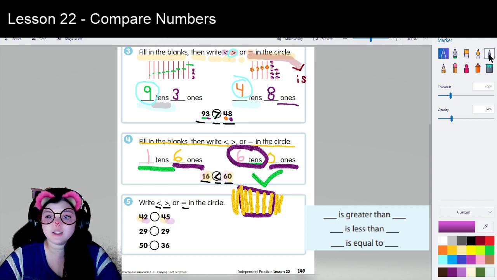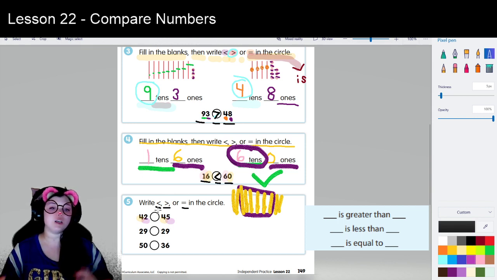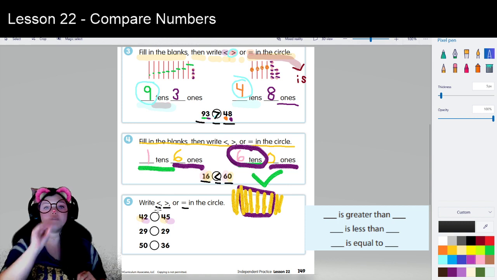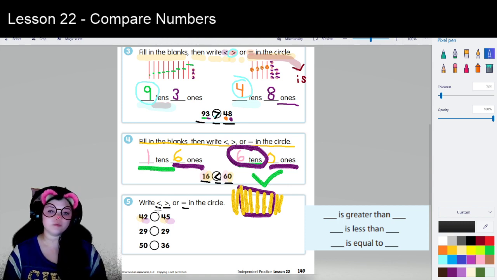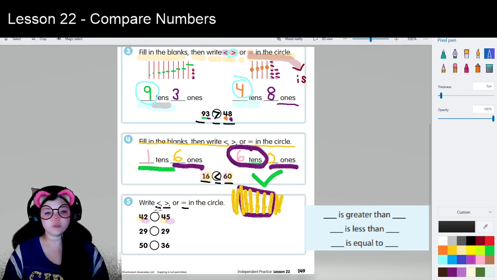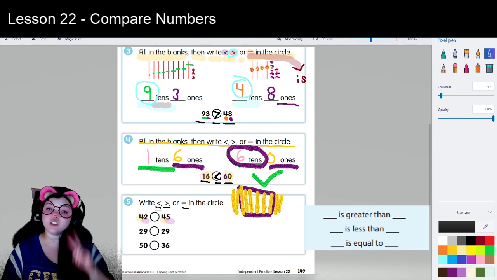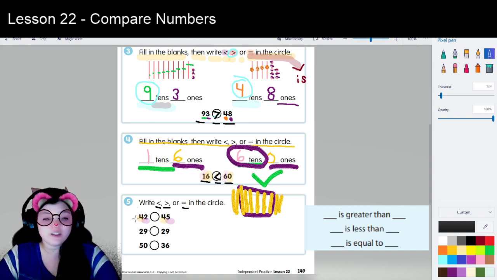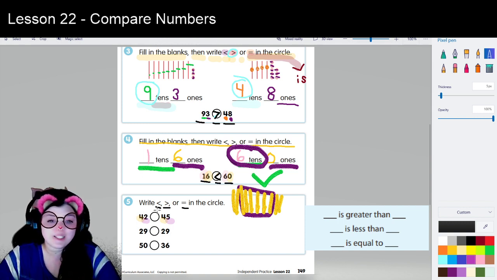So which number is bigger? Which number has more? Which number is a larger number, 2 or 5? Is 2 bigger than 5, or is 5 bigger than 2? If you said 5 is bigger than 2, you're right, which tells me that 42 is less than 45. 42 is a smaller number than 45, and the alligator eats the bigger number.